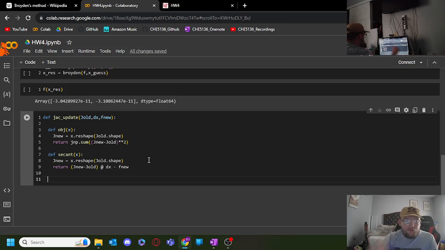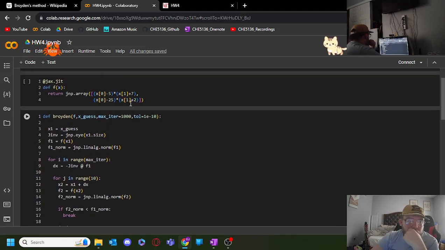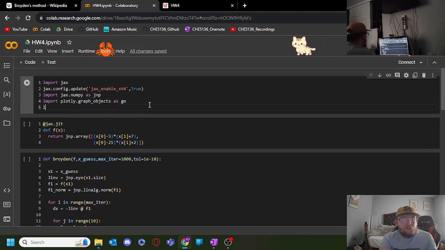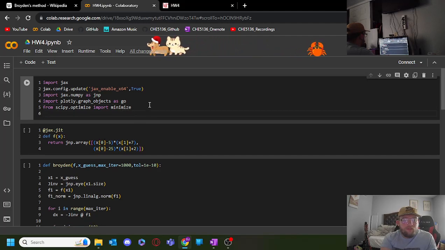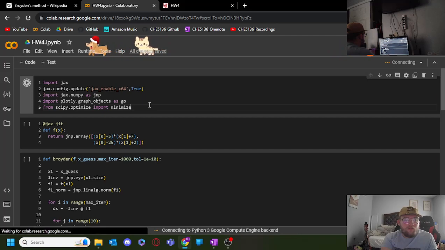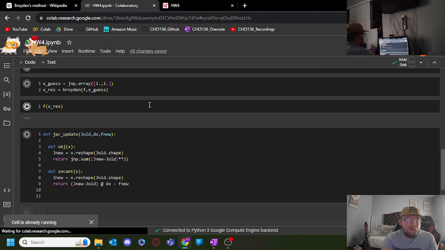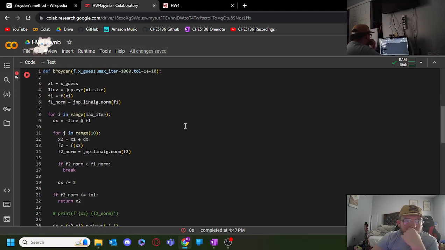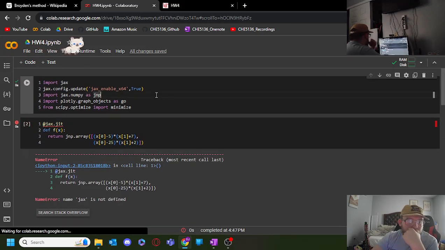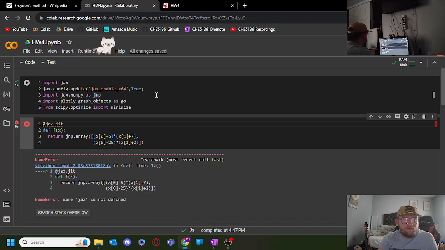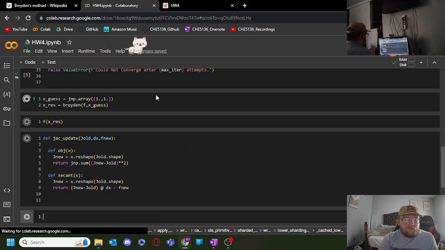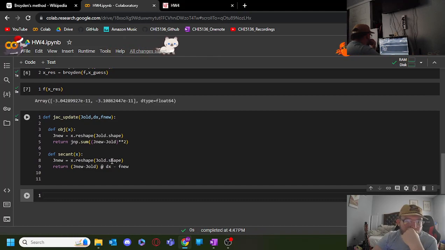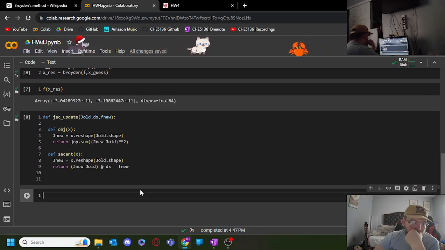Now all we gotta do is go up here, and we need to import minimize from scipy.optimize. Okay, everything's working as it should.